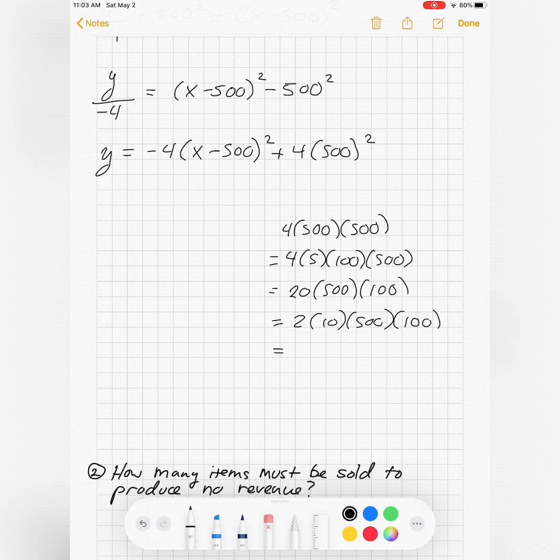Lots of ideas for how you could do this. 2 times 500, so I have 1,000 times 100 times 10. It's this times this times this times that. So 1,000 times 100 times 10. Okay, looks like 1,000,000.